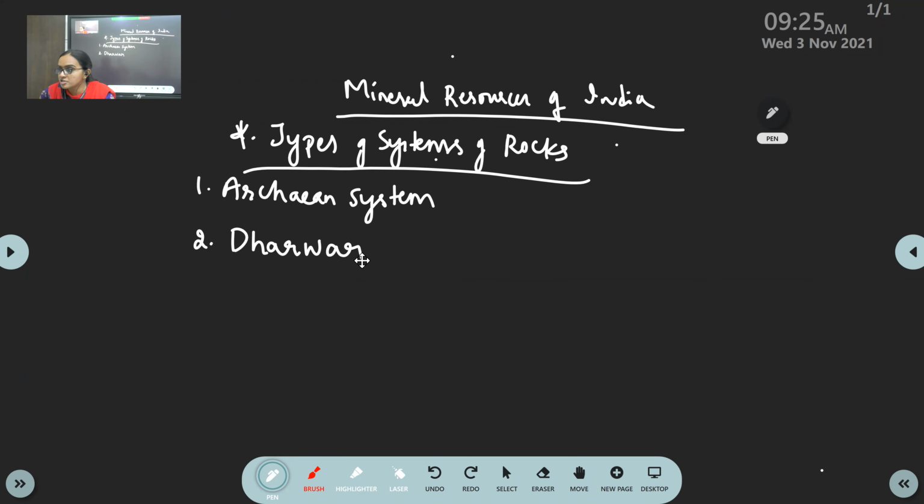Aravalli mountain range is made up of these rocks. Why do we call it the oldest mountain range? Because it belongs to the Dharwar system of rocks. The Aravalli mountain range has been made up with these rocks.